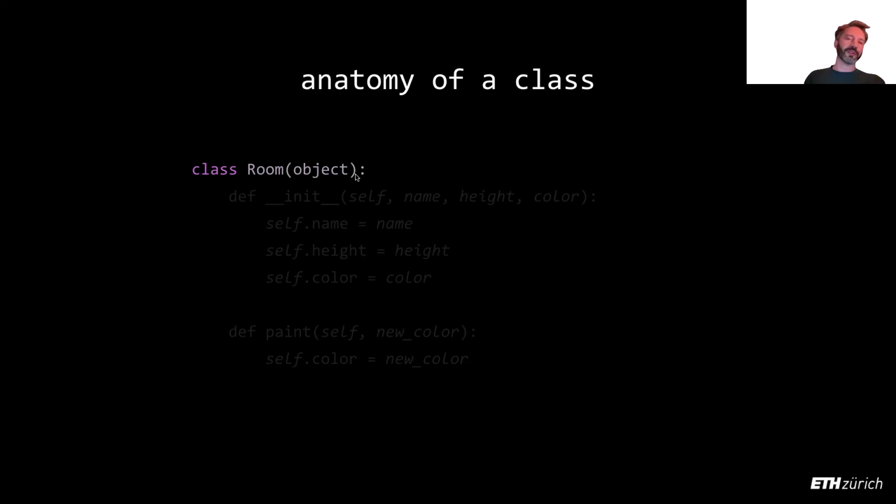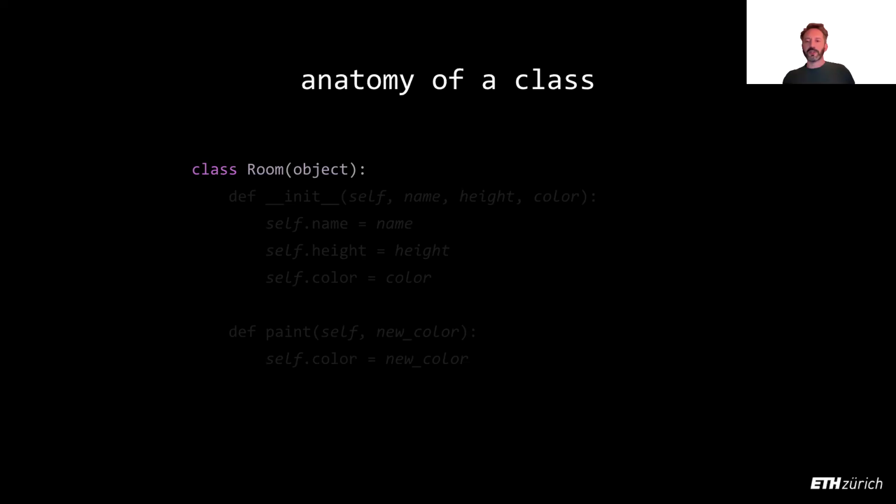We can also inherit from other things. We will see inheritance a bit later on. What is important maybe to highlight here is that in Python 3, this definition of everything being an object is not necessary. So you can have class Room colon, and that is valid Python 3 code.